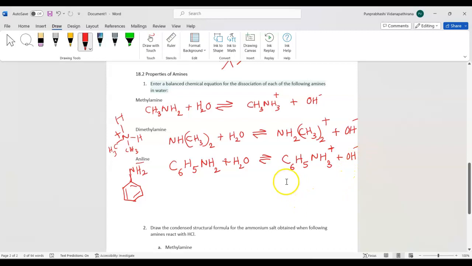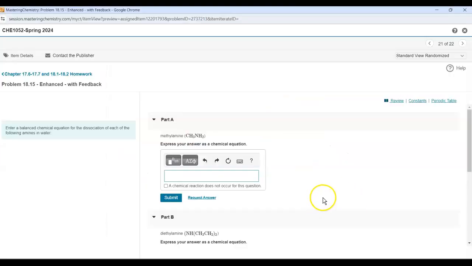Okay, now at the same time, let me go back. These are asked in your homework problems, so I want to show you how to include the answers in your homework problem. This question is asking you to write or enter a balanced chemical equation for the dissociation of each of the amines.